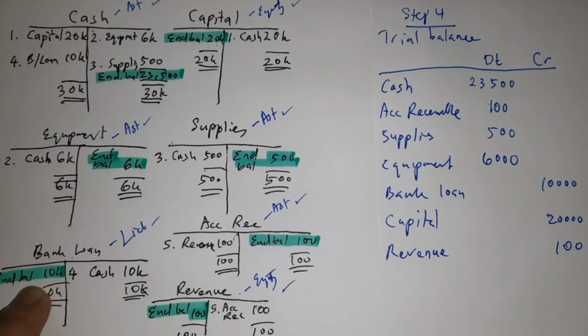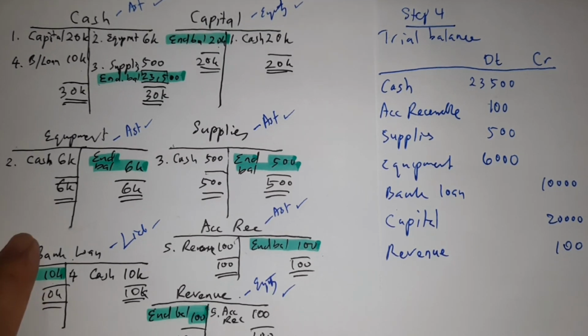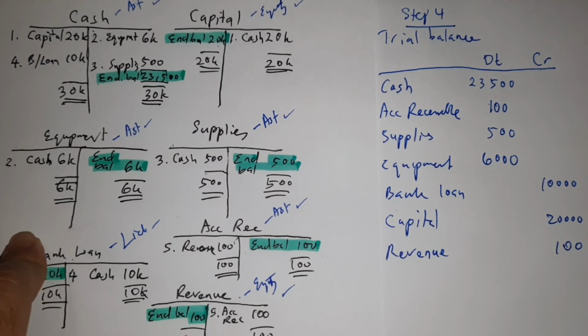Okay, so we have only 7 accounts. Actually, I made a very simple example. The main purpose of showing you this simple example is to show you the flow. You have to see the flow from step 1, step 2, and step 3, and now step 4. The most important thing is you can see the flow and you can see the logic.